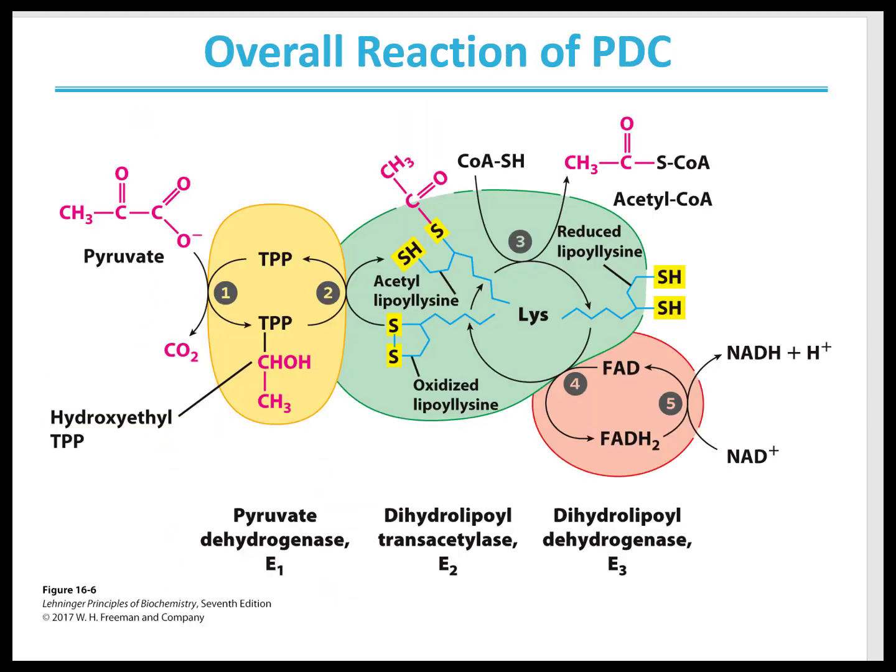The reaction starts with pyruvate, and although we say that it is the conversion of pyruvate to acetyl coenzyme A, there are 2 products that are actually made. So it's the conversion of pyruvate to acetyl coenzyme A and NADH. In step 1, you decarboxylate pyruvate to form an aldehyde.